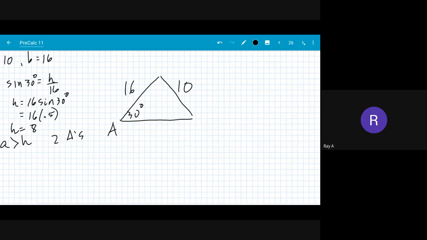Well, let's say you are trying to find angle B. So 16 over sine B equals 10 over sine 30.